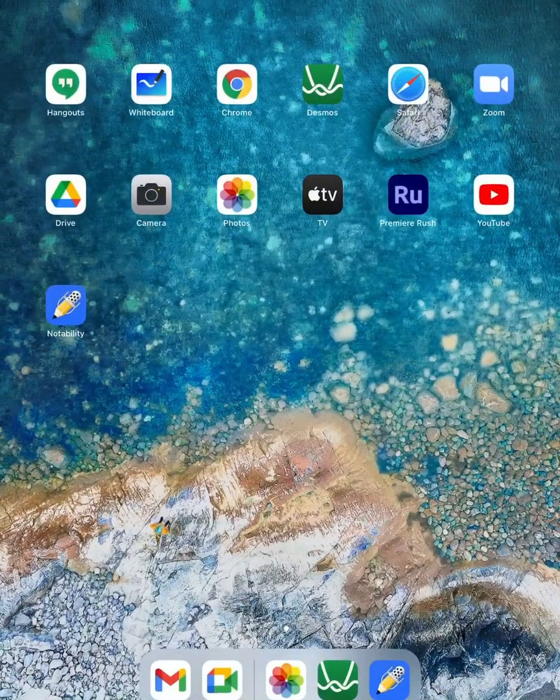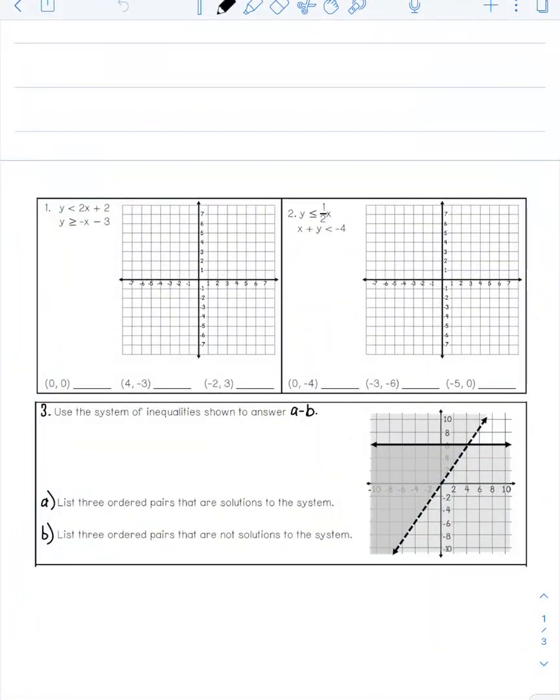Don't worry about the graphs, you don't have to jot that down, but I do want you to write the system that they give you. So for number one, I want you to write the system, and then we'll write each of the 3 points. So make sure you jot that down.